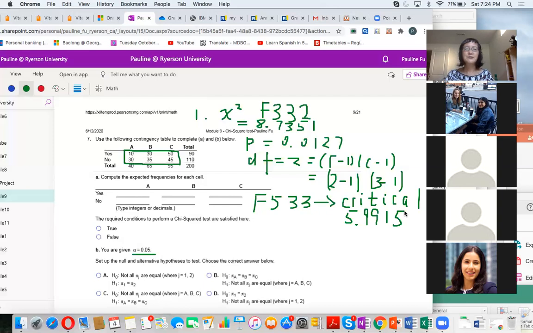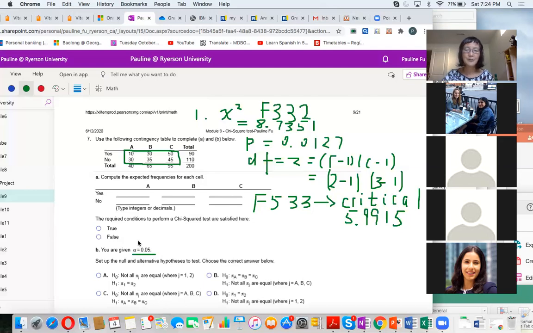In summary, in this lecture we did a chi-square test. We answered 4 important questions in any test. Question 1, what is the test statistic? Question 2, what is the p-value? Question 3, what is the critical value? Question 4, what is your conclusion?